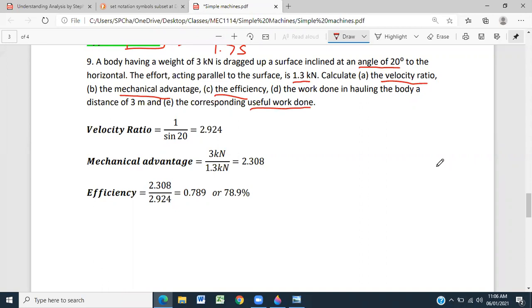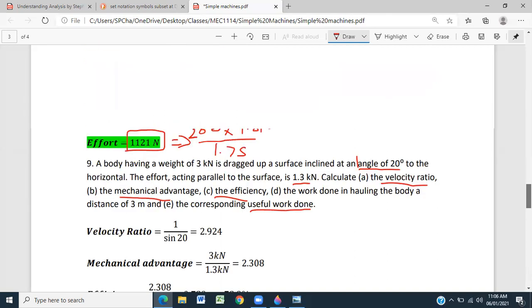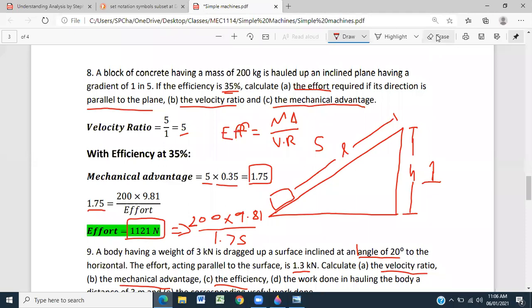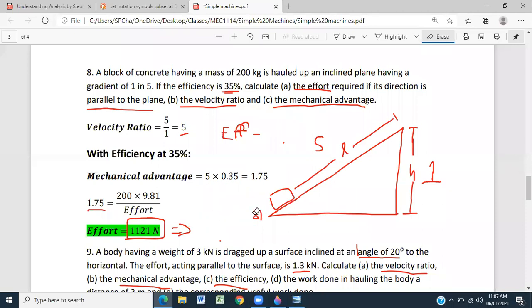Now, the unusual part with this question is they didn't give us the gradient. They say an inclined plane with an angle of 20 degrees. Let's analyze that a little bit. For number 9, they didn't give us a number like 5 or 1. We don't know what these values are.